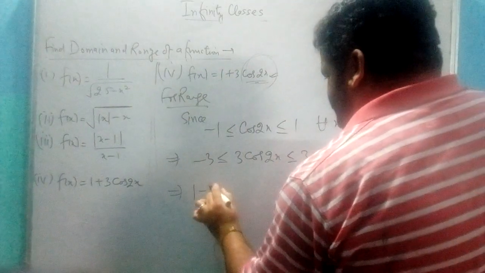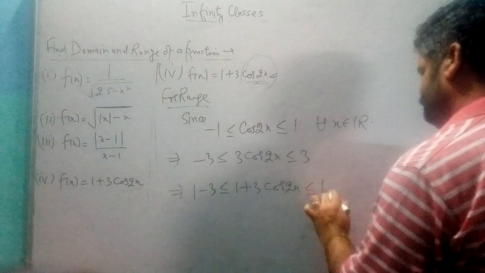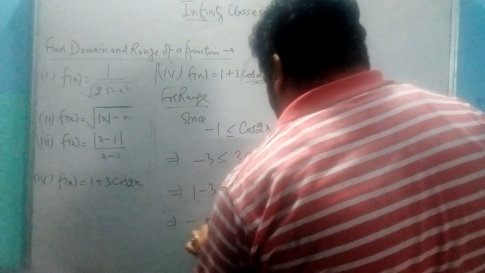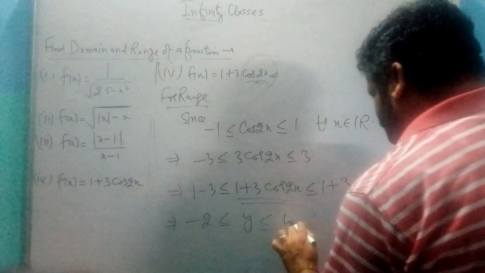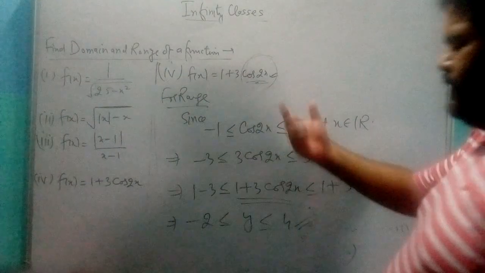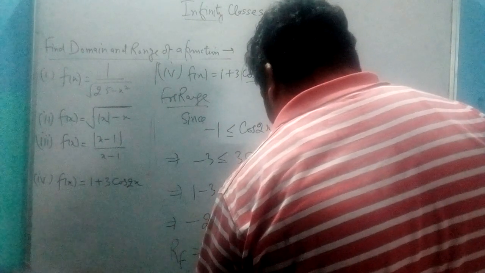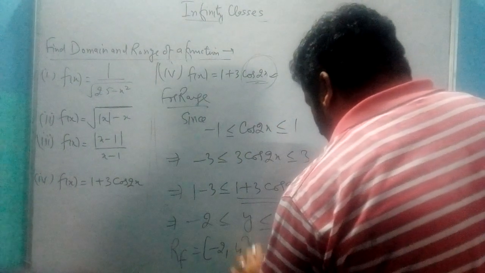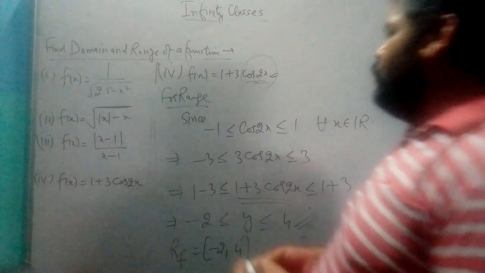Add 1 both sides. That means y lies from minus 2 to 4. So range of this function is equal to minus 2 closed, because here is equal and here is equal, 4 closed. So range of this function is [minus 2, 4].